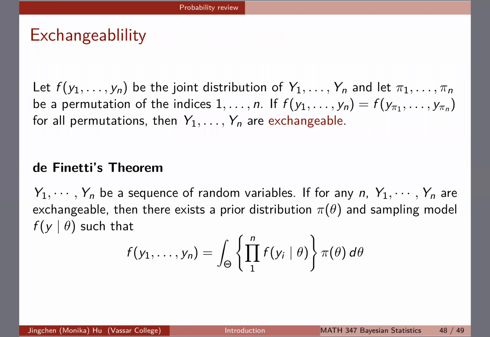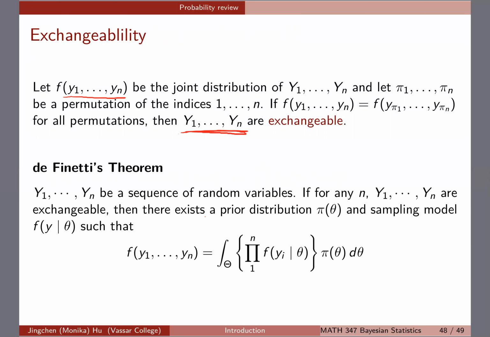And lastly, once we have the joint distribution of all of the yi, we also define something called exchangeability. I don't want to go into too much detail because it's actually pretty involved. But for now, what we need to understand for exchangeability is mostly about a sequence of observations, in this case, y1 through yn here.